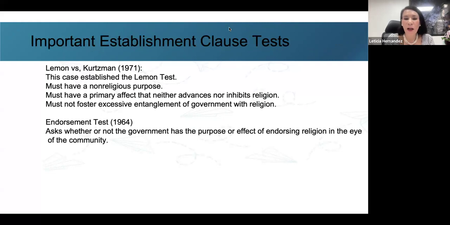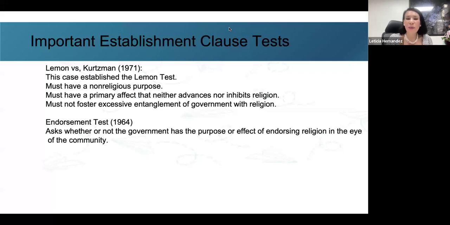So, important Establishment Clause tests. There's a case, Lemon versus Kurtzman in 1971, which established the Lemon test: it must have a non-religious purpose, must have a primary effect that neither advances nor inhibits religion, and must not foster excessive entanglement of government with religion.